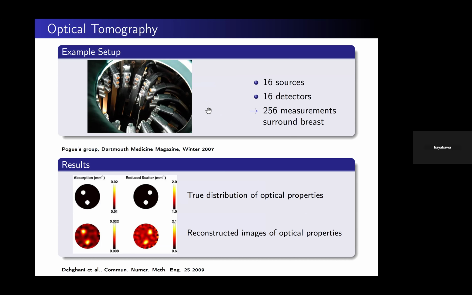They created phantoms. To be clear, they're segmenting the breast into different volume regions, and in each of those regions they're trying to find the optical properties with these 256 measurements. They used phantoms where they knew exactly where the changes to absorption and scattering are, and here are the reconstructed images.